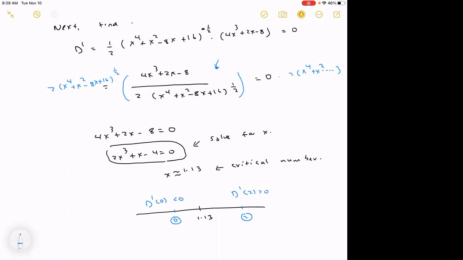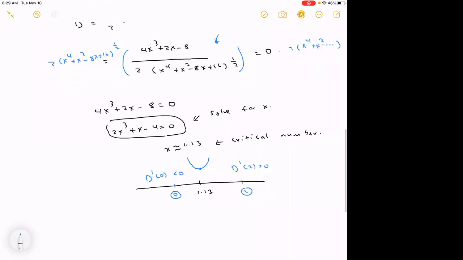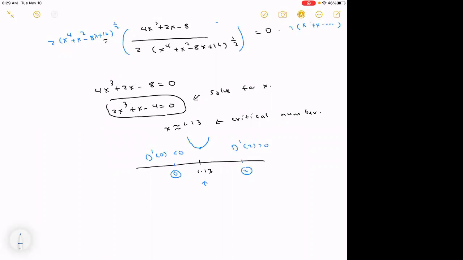If the derivative changes its sign from negative to positive, it is something like this. On the left side of 1.13, the derivative is negative. On the right side of 1.13, the critical number, the derivative is positive. So this is our critical number.